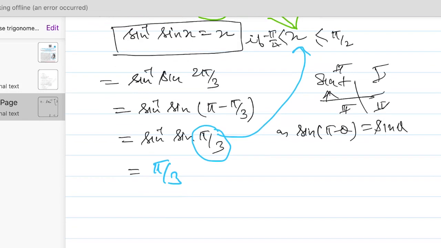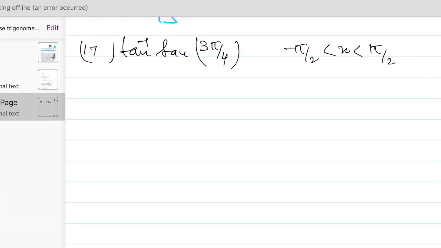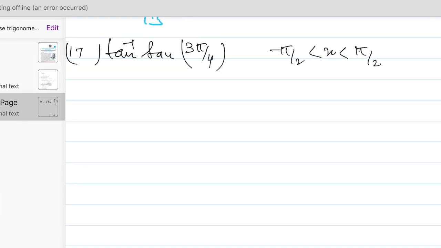Next is question 17, tan inverse tan 3 pi by 4. Here also the range of the tan inverse function is the open interval minus pi by 2 to plus pi by 2. This value is much higher than plus pi by 2.